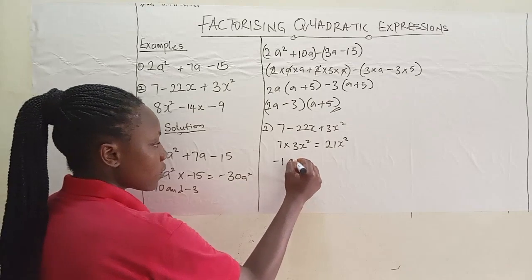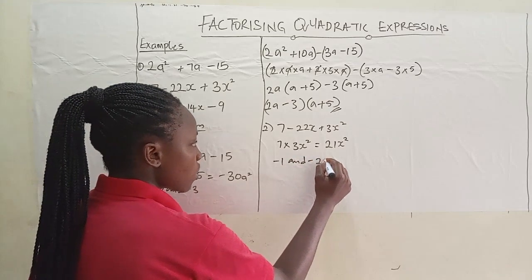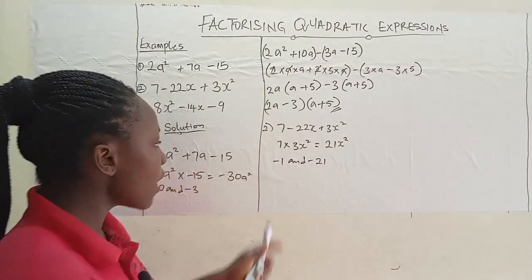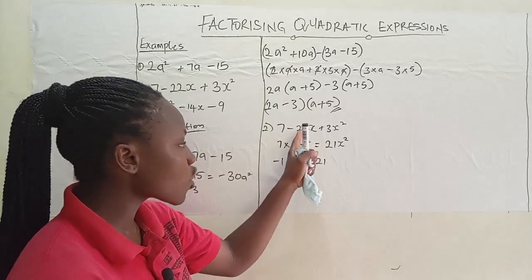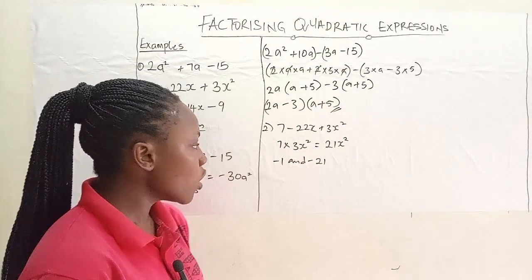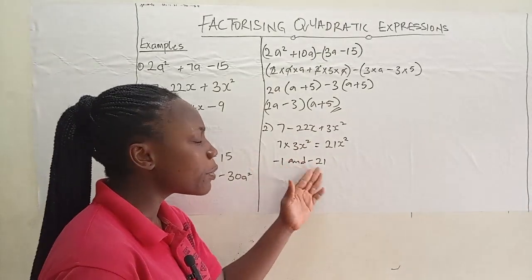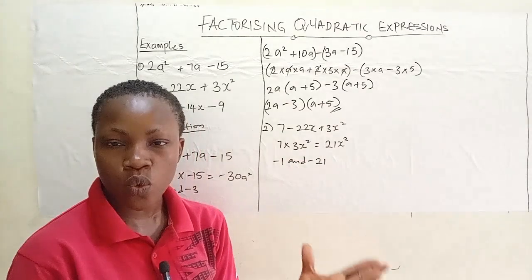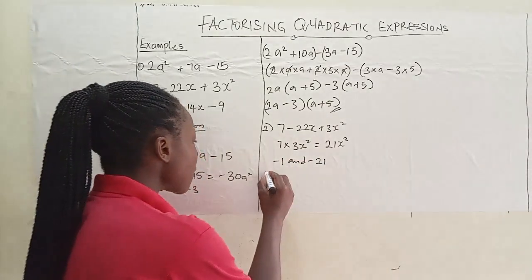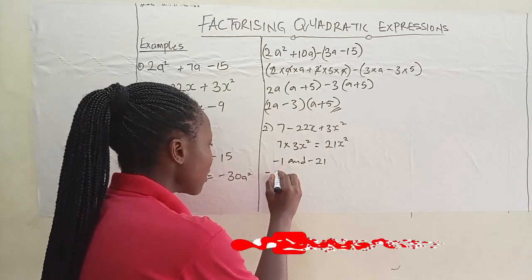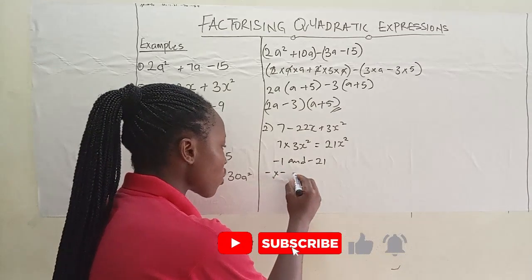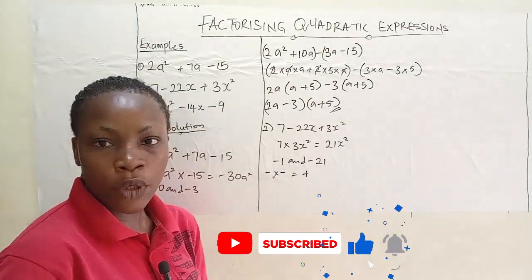If we add them together, it's going to give us minus 22. And if we multiply them, it's going to give us 21, because negative sign times negative sign gives us plus.